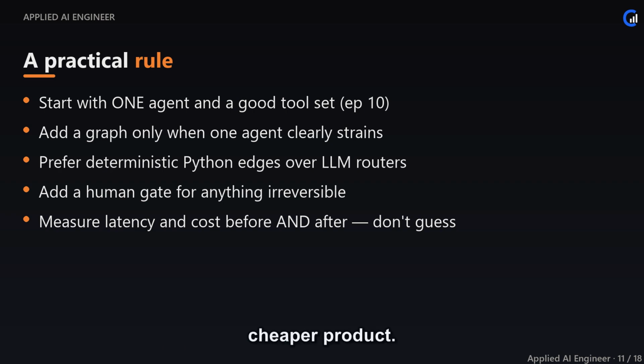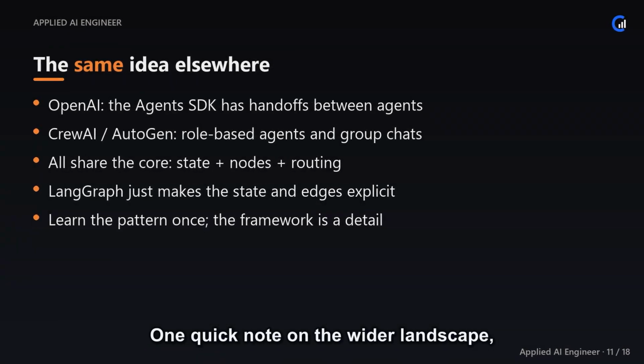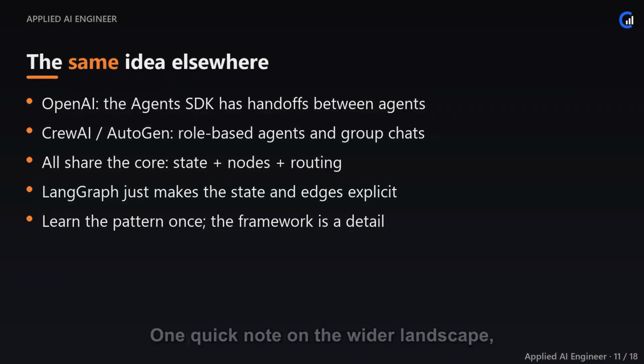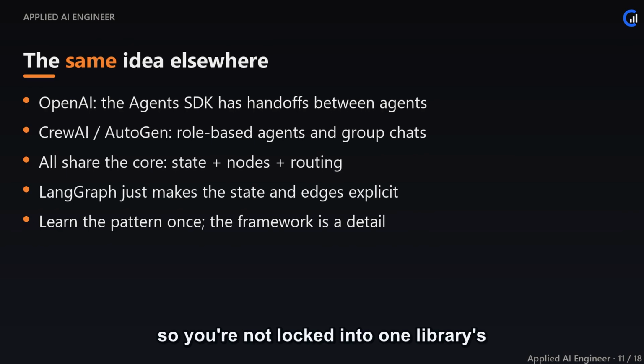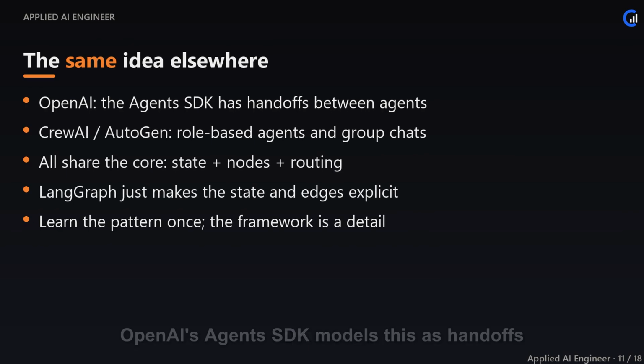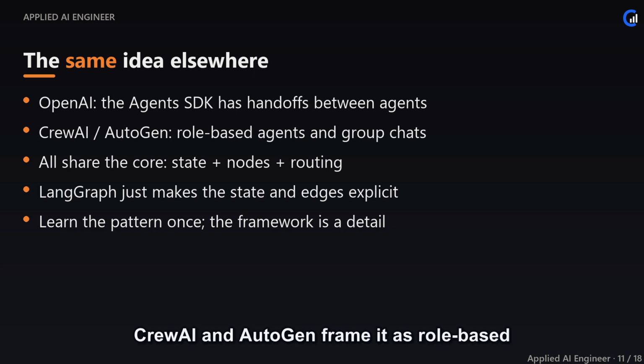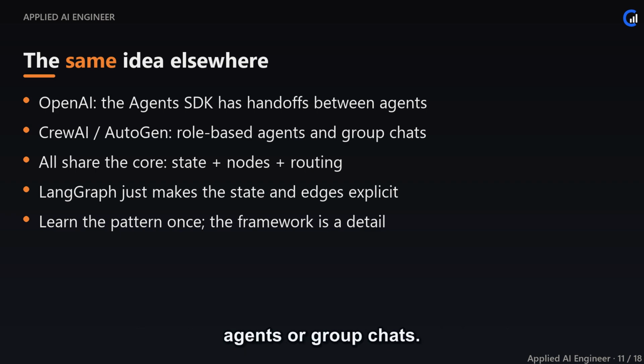One quick note on the wider landscape, so you are not locked into one library's vocabulary. OpenAI's Agents SDK models this as handoffs between agents. CrewAI and AutoGen frame it as role-based agents or group chats.